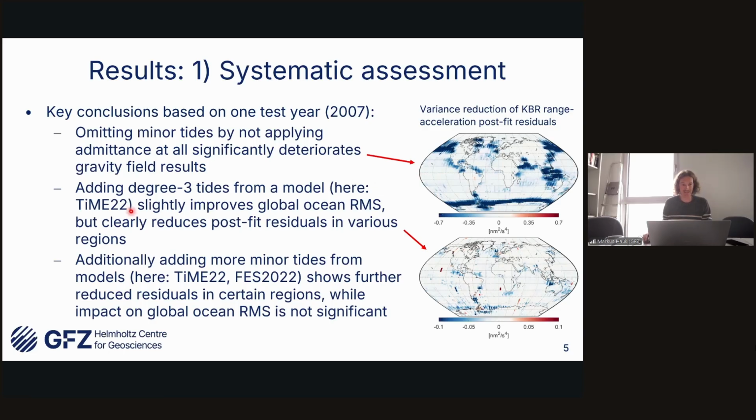What's interesting is that adding degree 3 tides, in this example we used the tides from Time 22, first of all slightly improves the global ocean RMS, but also clearly reduces the post-fit residuals in dedicated regions. And we can also conclude that additionally adding more minor tides gives further reduced residuals in certain regions.